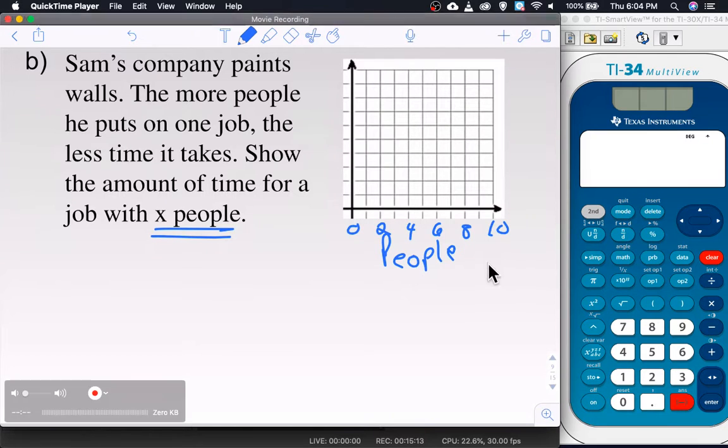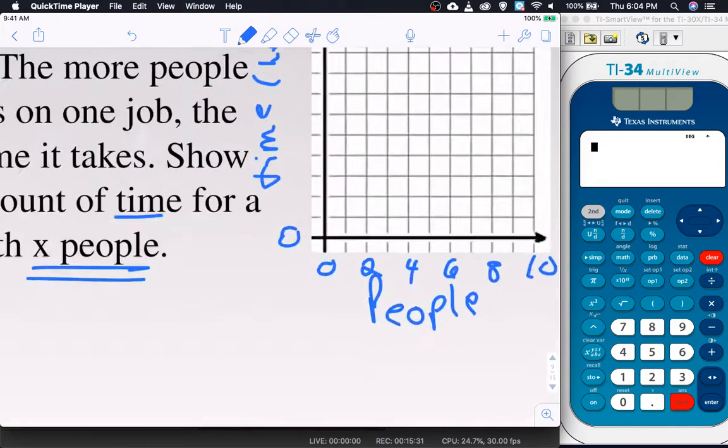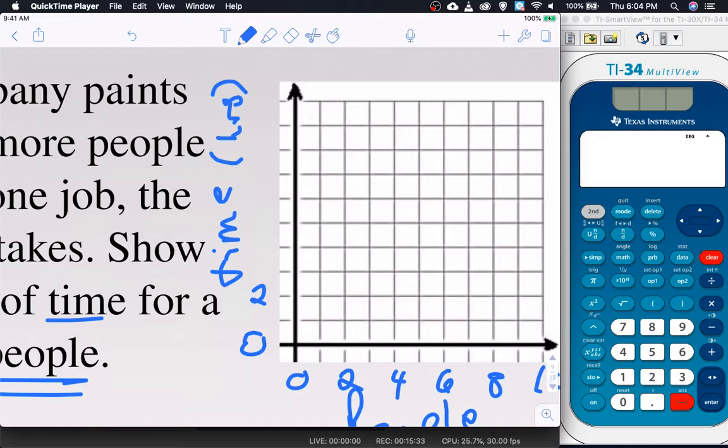And the other variable is the amount of time. That is our other axis. And if you want to be more specific, we can say time in hours. And 0, 2, 4, 6, 8, 10.